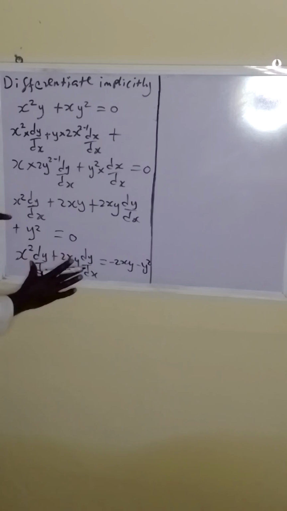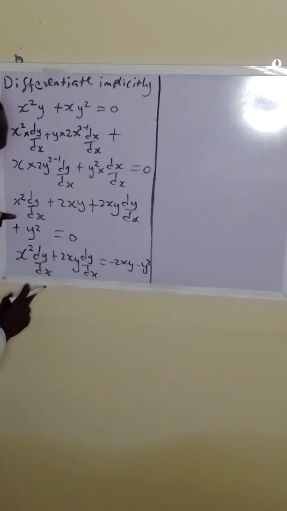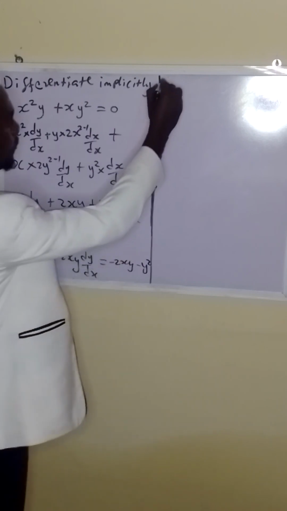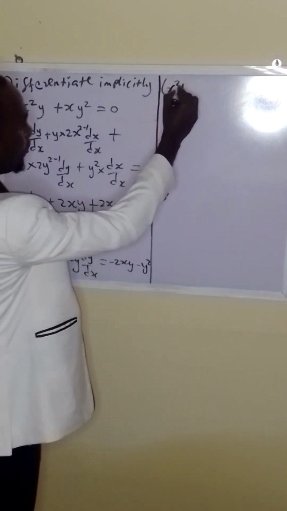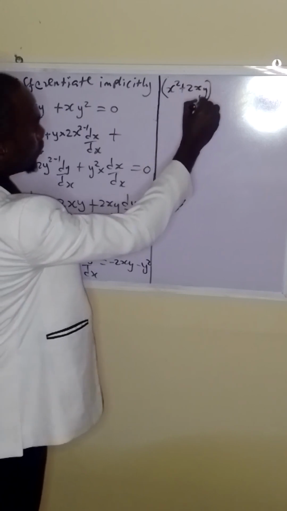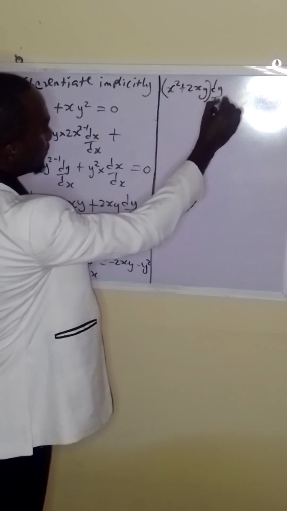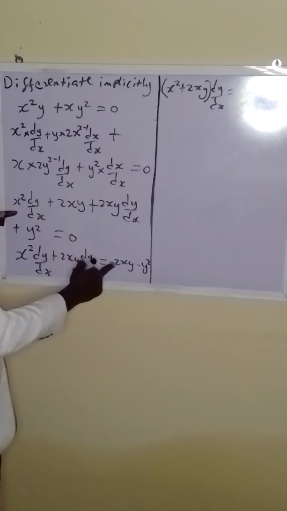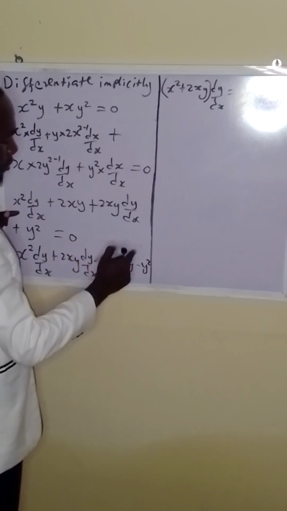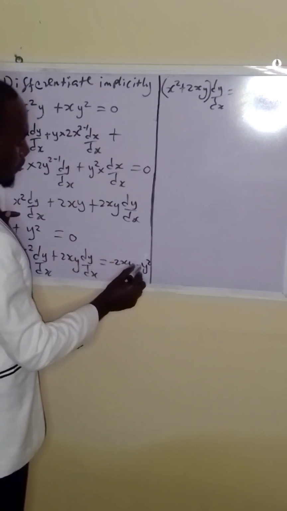So now, looking at the left hand side, there is a common factor which is dy/dx. And by the time you factor out this dy/dx, you'll be left with x squared plus 2xy in the bracket. That means we have bracket x squared plus 2xy close bracket dy/dx. Then it's equal to, what we have here is minus 2xy minus y squared.